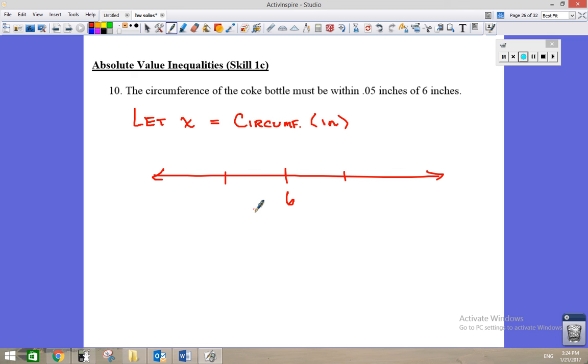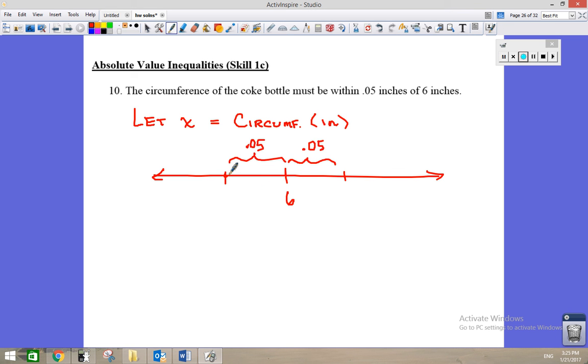But we want to get reasonably close. Actually, .05 does seem reasonably close to me, but if they wanted to be within .01 or .001, boy, that would be expensive equipment. Okay, so that's what it wants us to be within here.